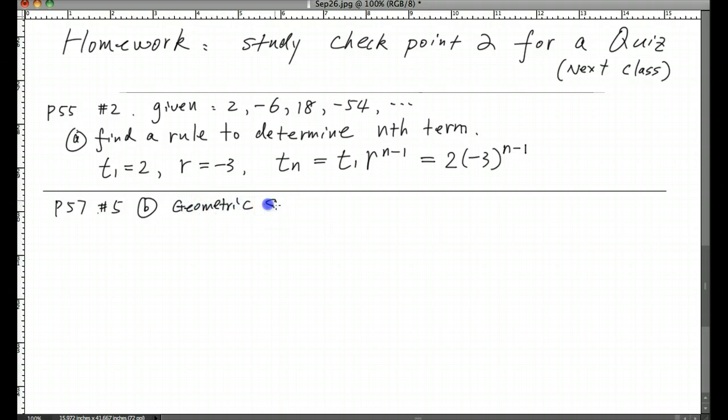The geometric series is given as 3125 plus 625 plus 125 plus ... plus 1 over 25, and then determine n.